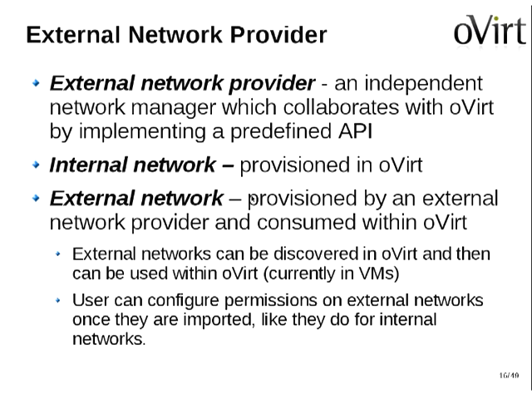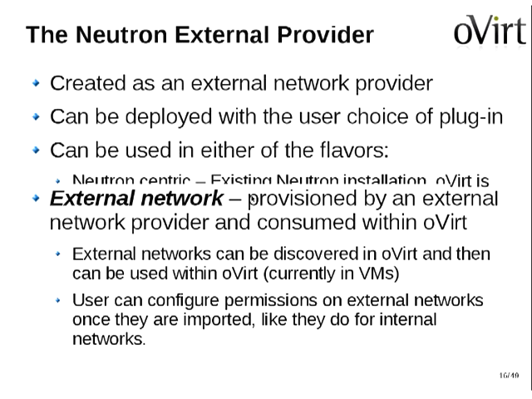So when you import an external network or create one from oVirt and send it to the provider, we'll see how we do that, then you can use the same permissions and grant that these users can use this network and these users can use that network, and the users don't see it as an external network, they just know that they have network A or network B. For them it's all the same, right?